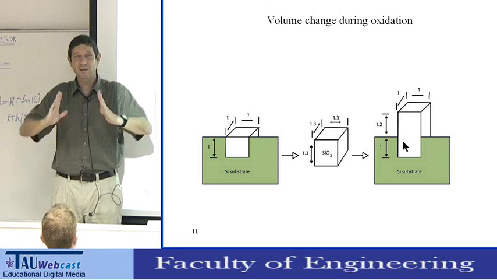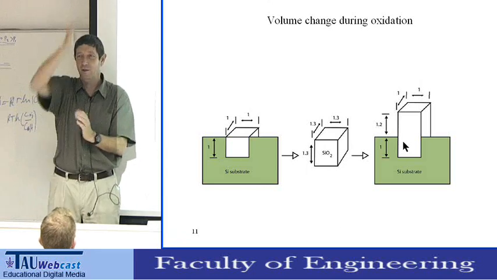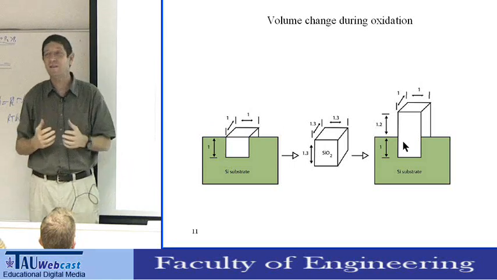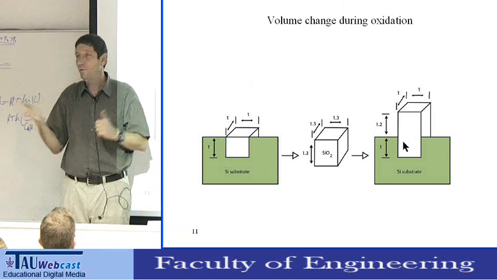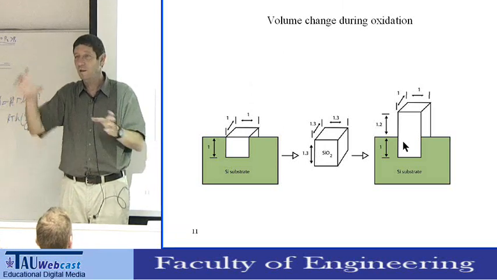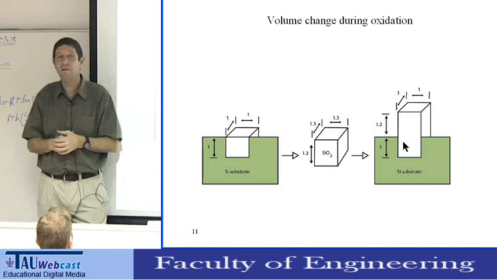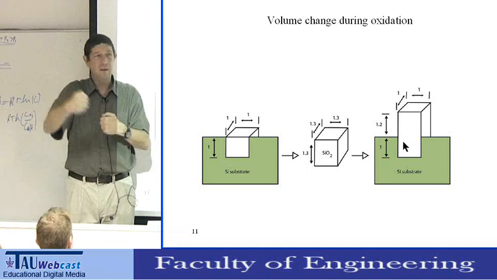So the only thing that happens is like squeezing a toothpaste. It will grow up. So the structure is under stress. Every layer pushes the neighbors. Every region pushes the neighbors. So the structure is under compressive stress. Every neighbor is pushed by the neighbors.